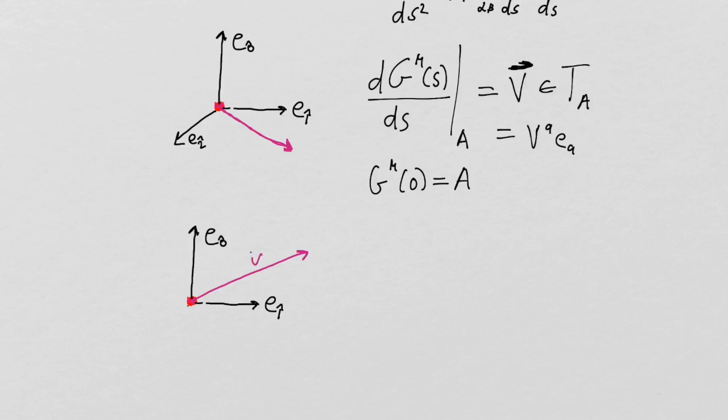That's v. Then she solves the geodesic equation and uses as her initial conditions v and the point. From that, she ends up deriving a geodesic, which comes out something like this. Let's draw it there in blue.